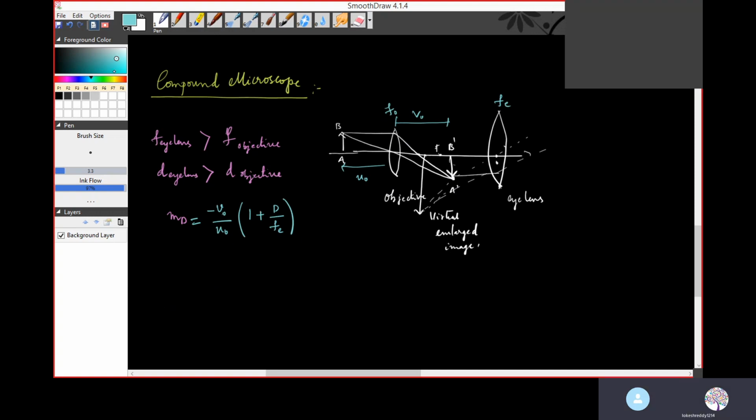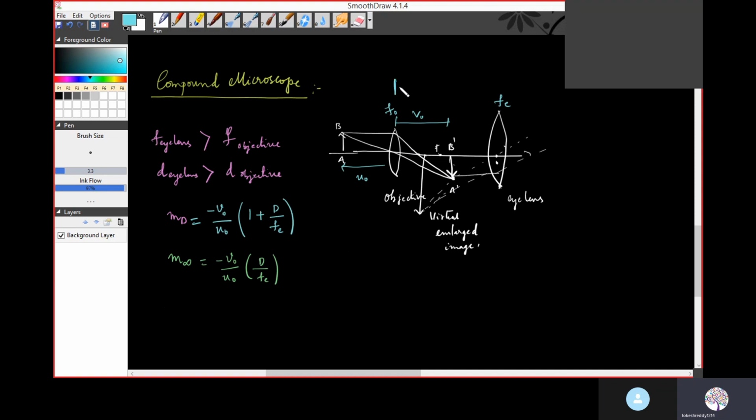If the image is forming at infinity, the magnification, minus V naught by U naught, becomes D by Fe. Now we have one more thing called the length of the tube.